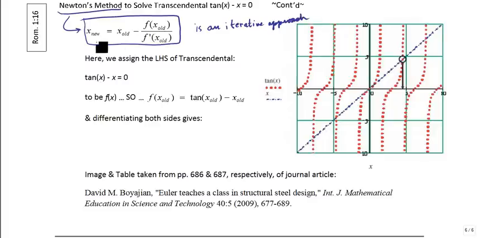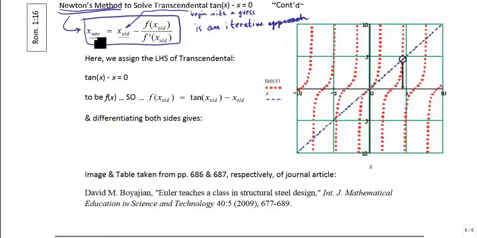Where you'll notice that we have an x, what I'm calling an x sub old value that we're going to begin by guessing. Once we make a guess on our x value, then we go through the machinery of Newton's method, which is in the box here. And after going through that, we're going to get an updated value for our x.